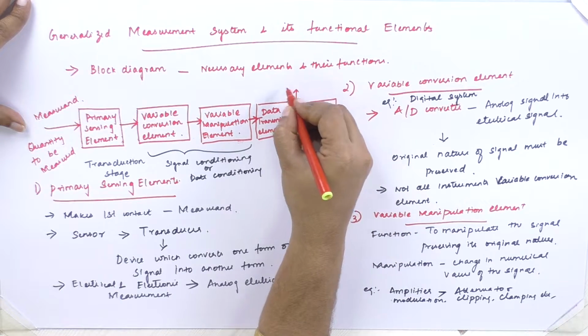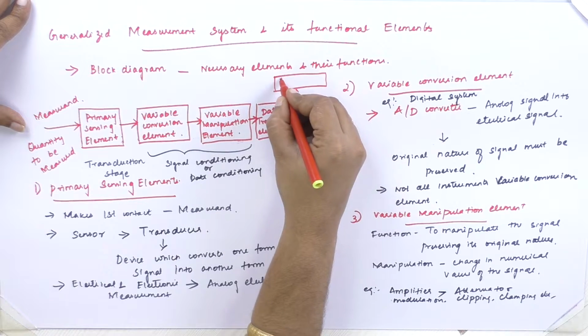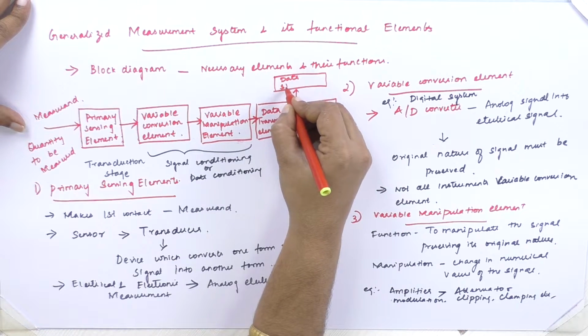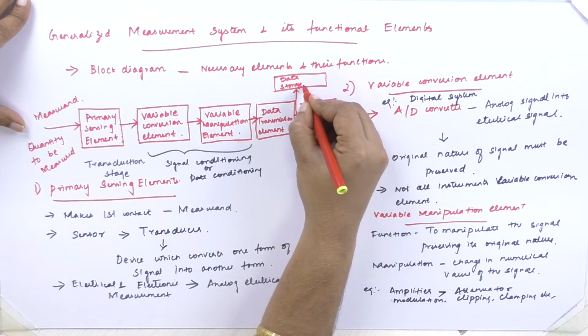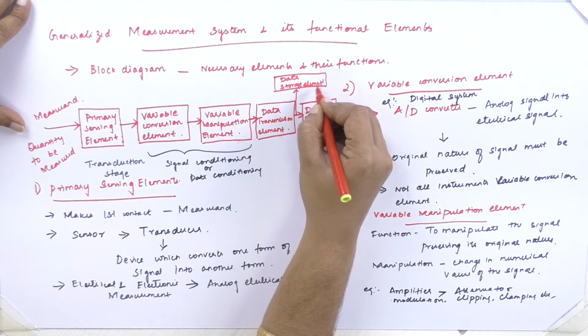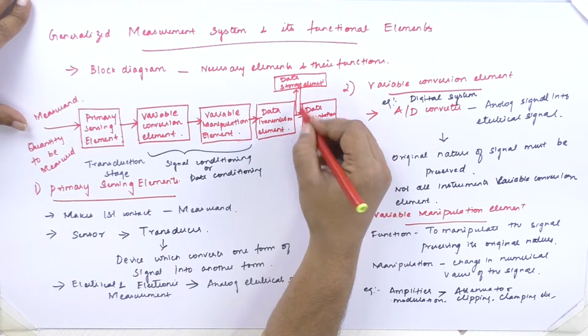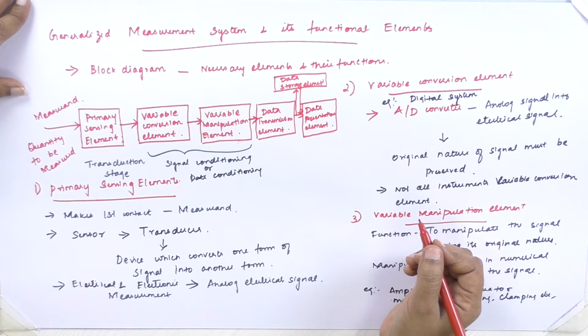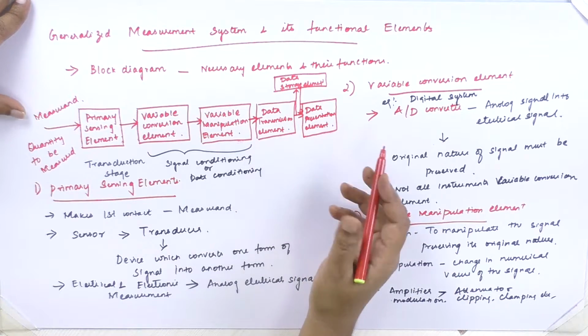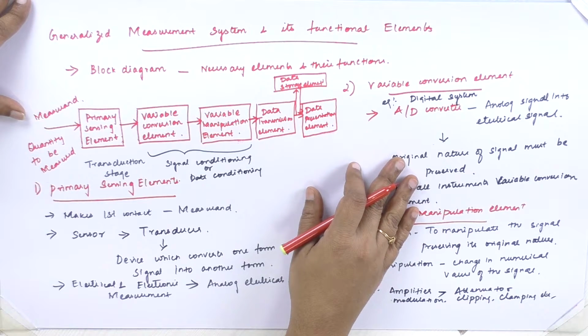In between this, we can also add a data storage element if we need to store the data. Let us see the function of this data transmission and data presentation element.